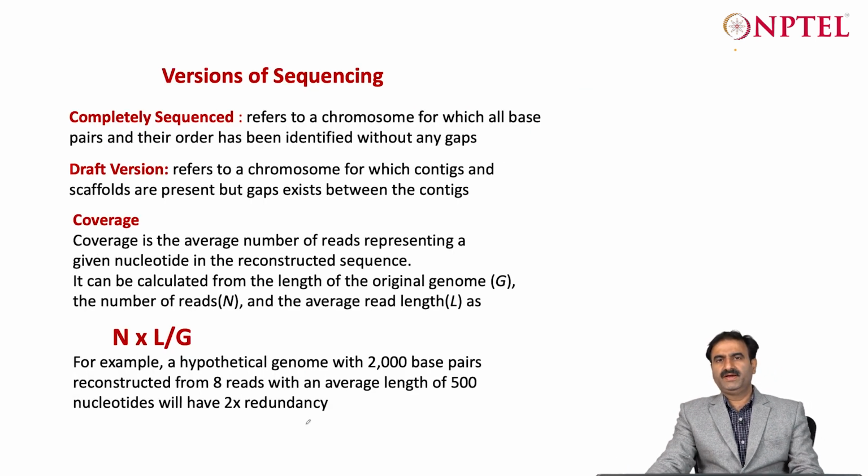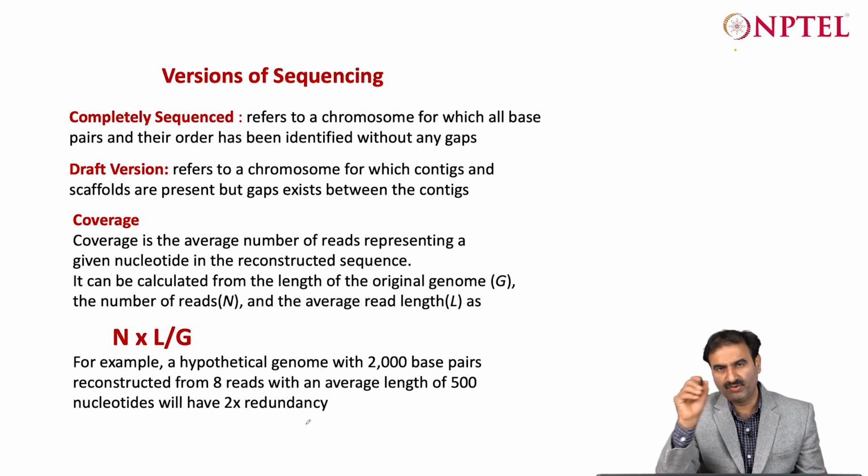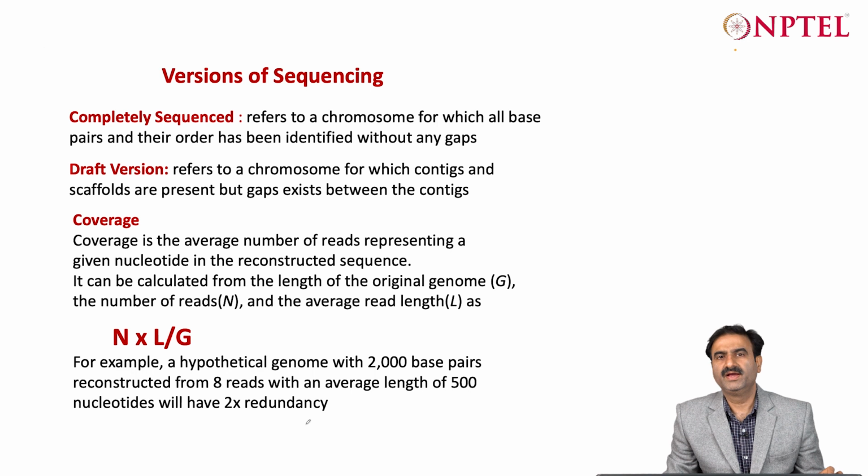Now, after you have done the sequencing, you will be dealing with these kinds of terms. Completely sequenced means the complete genome, the identity of all the bases is known, and there are no gaps in the genome. A draft version could be high quality draft or low quality draft depending upon the number of gaps, and it is in different contigs or scaffolds, with a lot of gaps in between.